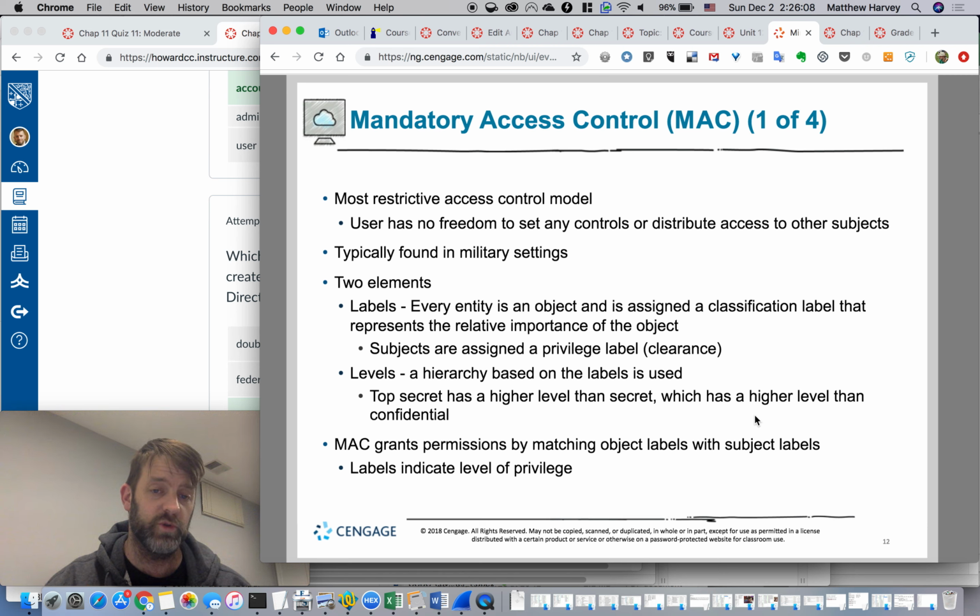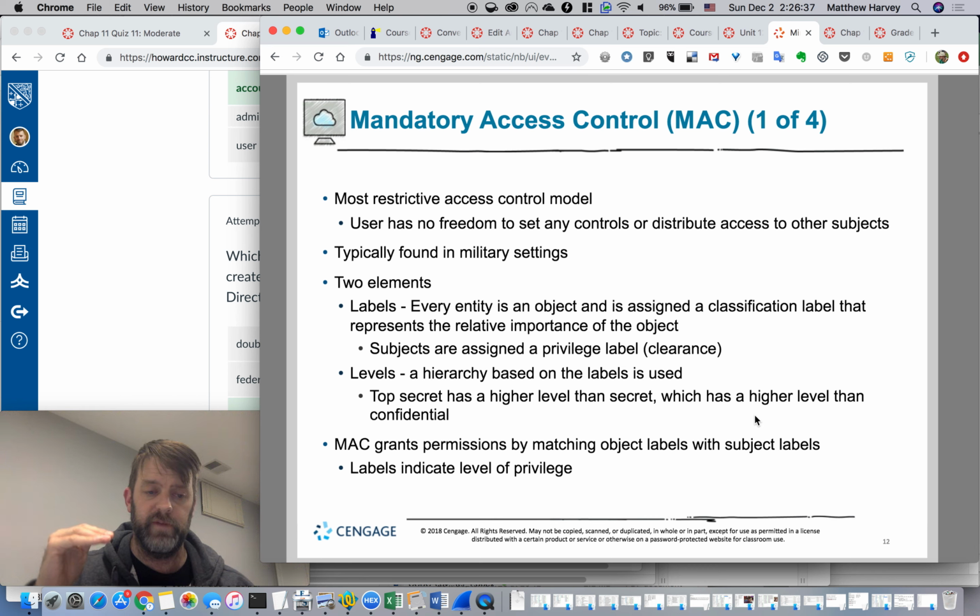Mandatory access is the most restrictive, because here nobody really has a choice in what sort of access someone should have. Every object has a classification: top secret, secret, unclassified, and then every user has a clearance level. Users have to have at least as high a clearance as the classification of the thing they're trying to access, right?